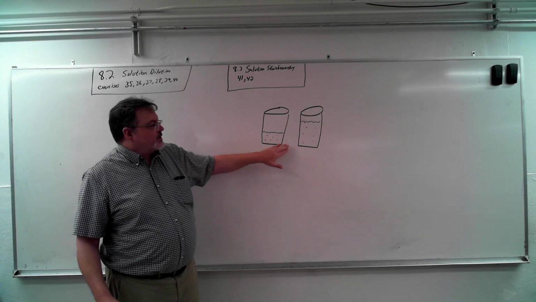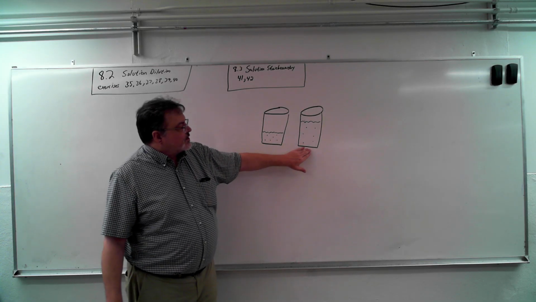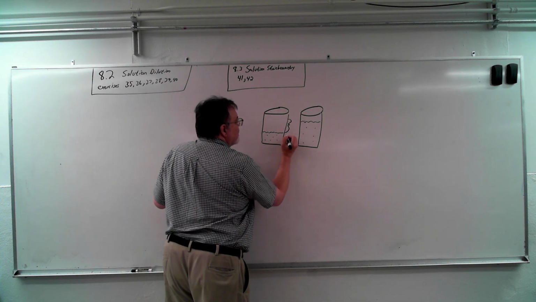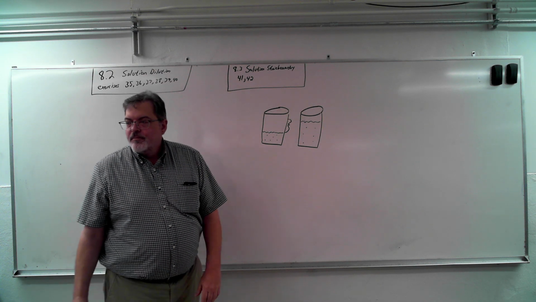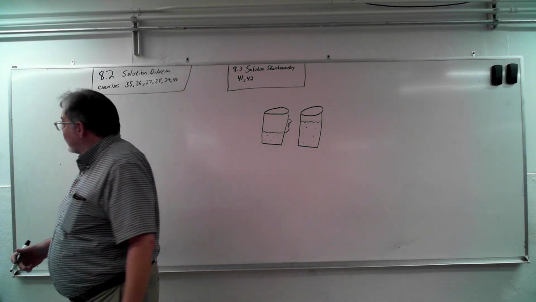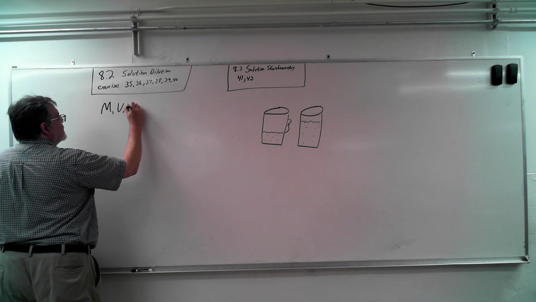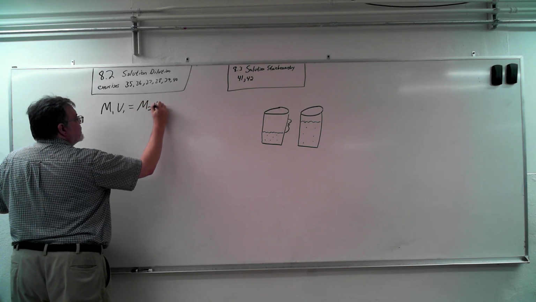This solution is diluted compared to this one. In fact, this one is created simply by adding that much pure solvent, and then you've diluted. The formula is very simple. M1V1 equals M2V2.